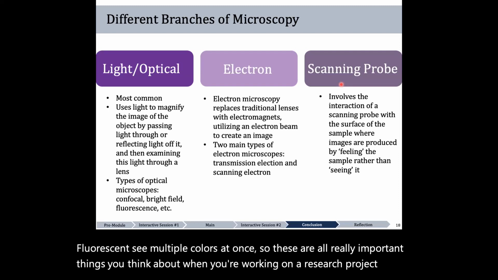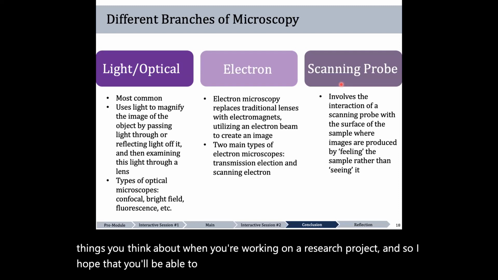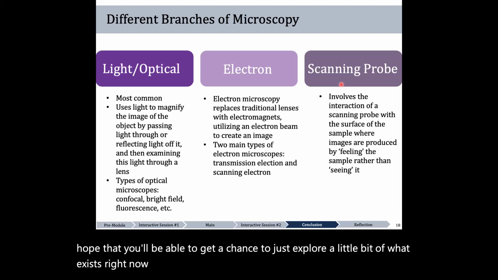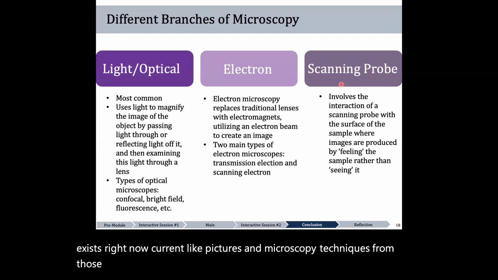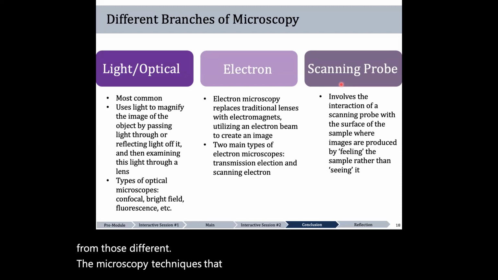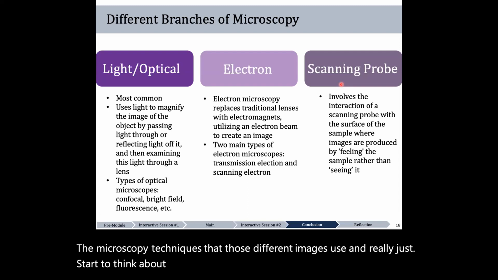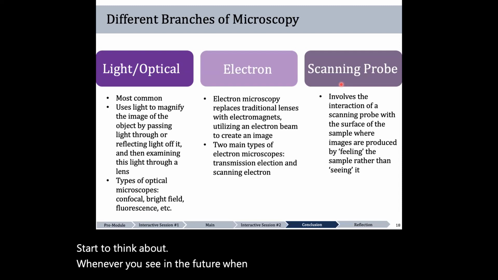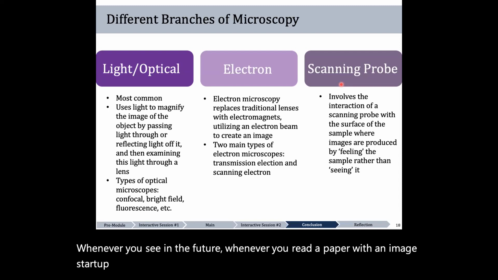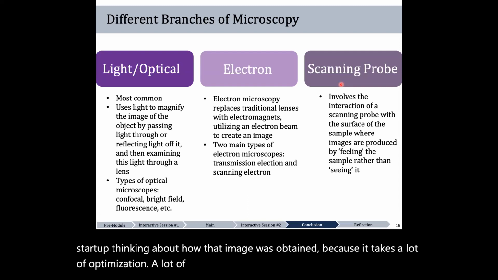I hope you'll get a chance to explore current pictures and the microscopy techniques those images use. And in the future, whenever you read a paper with an image, start thinking about how that image was obtained, because it takes a lot of optimization and a lot of work.